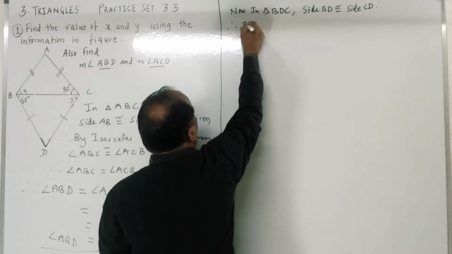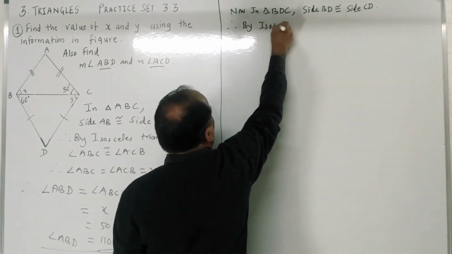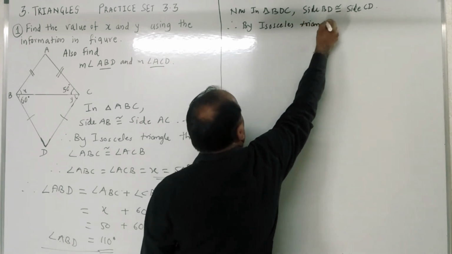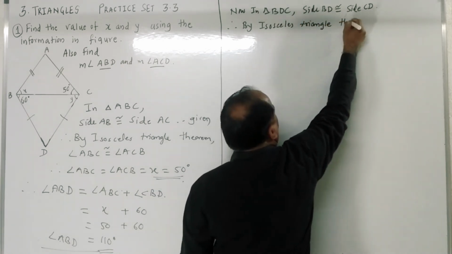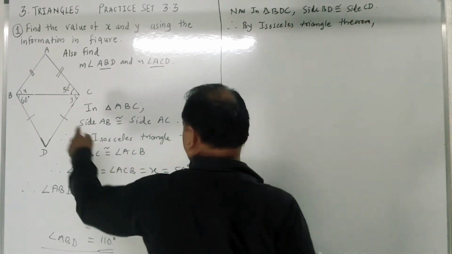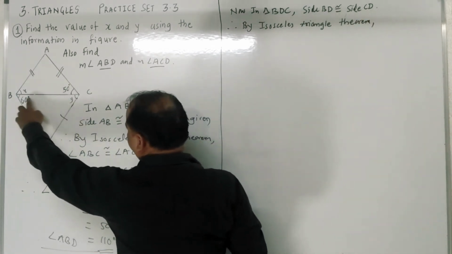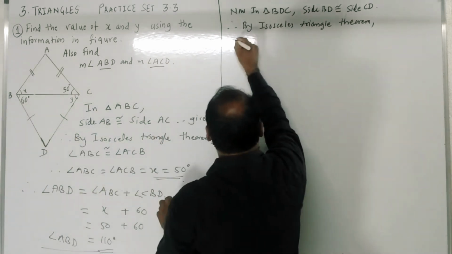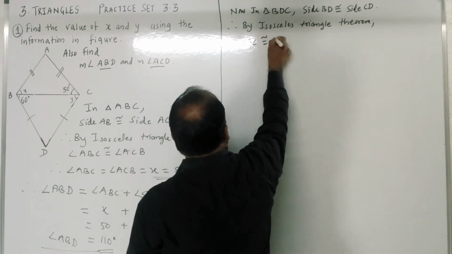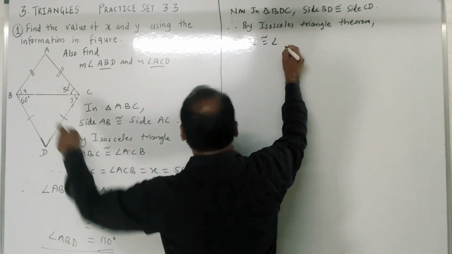Therefore, by the isosceles triangle theorem, base angles are congruent: angle DBC is congruent to angle DCB.